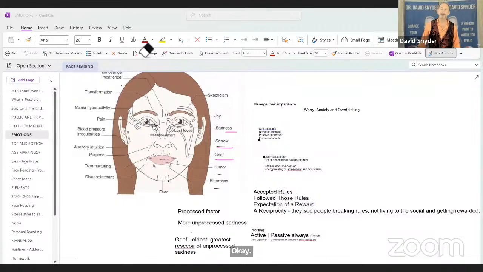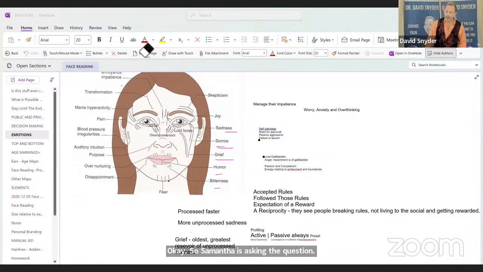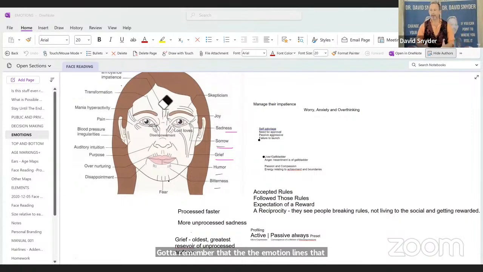Okay, so Samantha's asking the question, if I'm not smiling, I don't see any eye lines, but plenty when I do, which is correct. Both are correct. Got to remember that the emotion lines that we're looking at are the consequence of a lifetime of expressions.